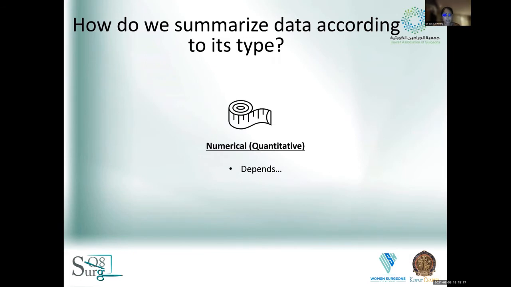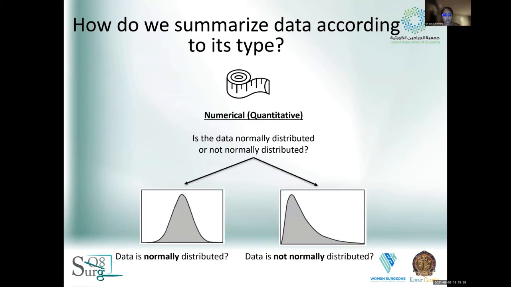Next, look at numerical data. How do we summarize numerical data? It's straightforward, but a little bit less straightforward. Well, it depends. What we have to answer before we decide how to summarize that data is: is the data normally distributed or not? These graphical depictions show an example of what normally distributed data looks like, which is that curve.